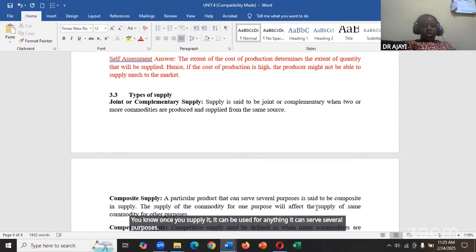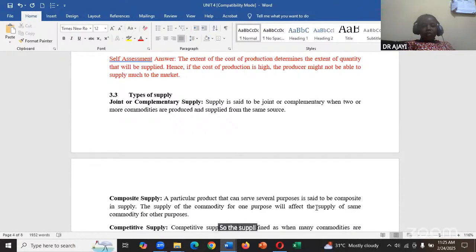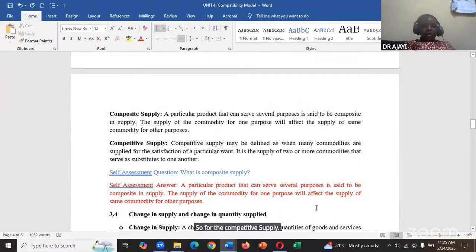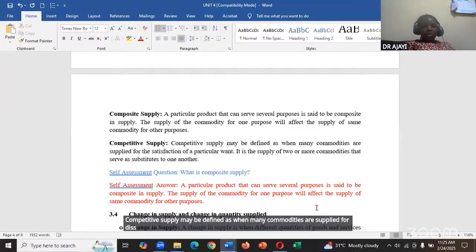So the supply of the same commodity for other purposes. For the competitive supply, it may be defined as when many commodities are supplied for the satisfaction of a particular one.